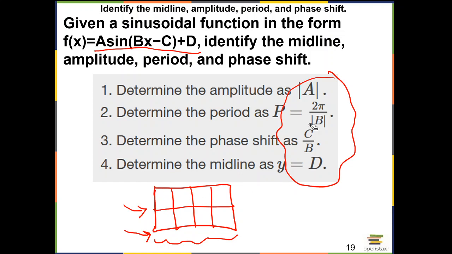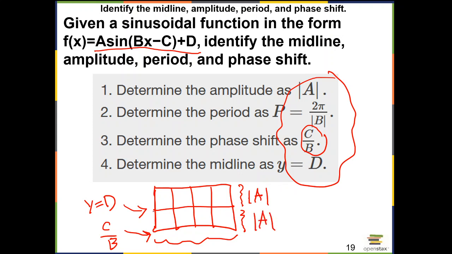All of those are given by these 4 numbers here, right? The phase shift is the first number we start with, right? So that's that. And this number here is y equals d, this line, the midline. And the distance over here is capital A, the absolute value of capital A.